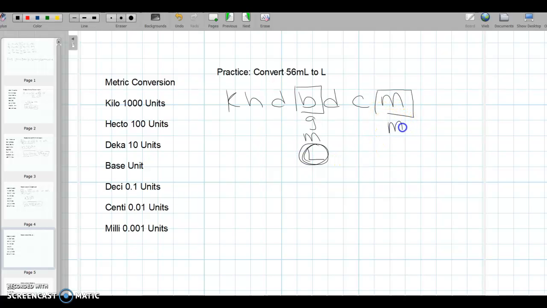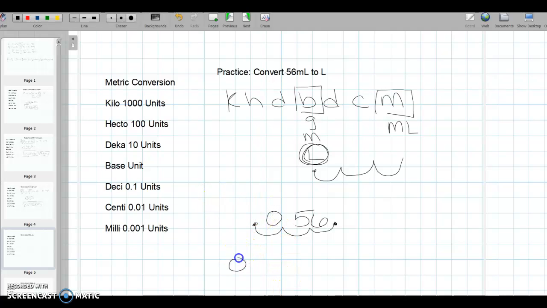So we are at milliliters, and we are trying to get to liters. So that is a 1, 2, 3 decimal point move. Okay? So we have 56 milliliters, so that decimal is right there. So we need to move it over 1, 2, 3 spots. So I'll go ahead and do that. 1, 2, 3. So we add a 0 here.